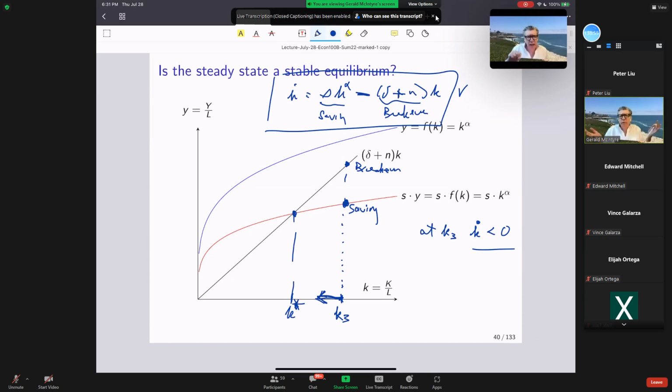And when you average those two groups, the capital stock per worker over the entire country will be lower. And that will move you in this direction for both reasons. Okay? So this economy, the steady state, is stable. And we learned something about how this differential equation and how savings and break-even investment are related to one another.